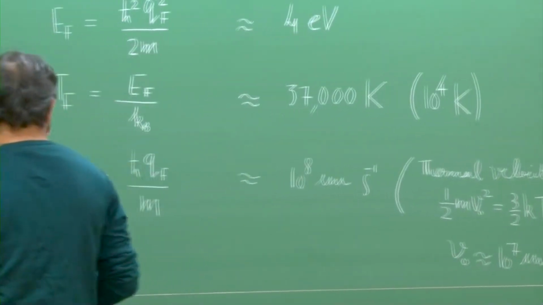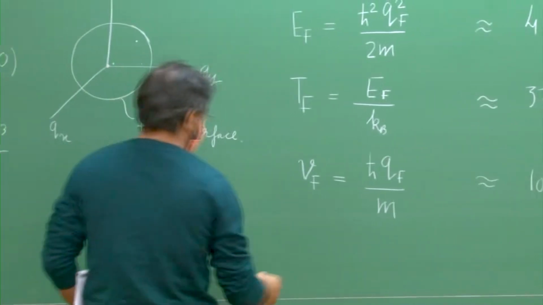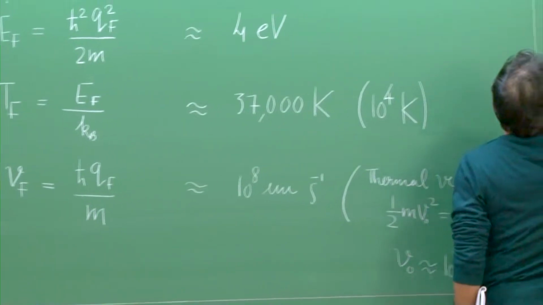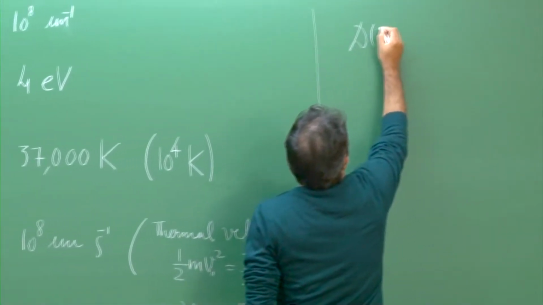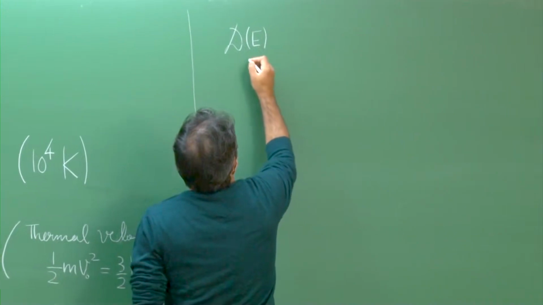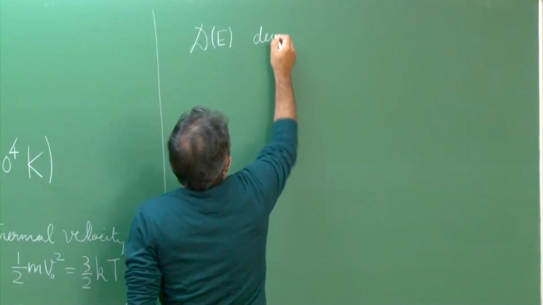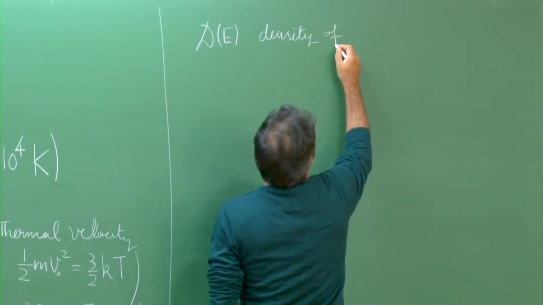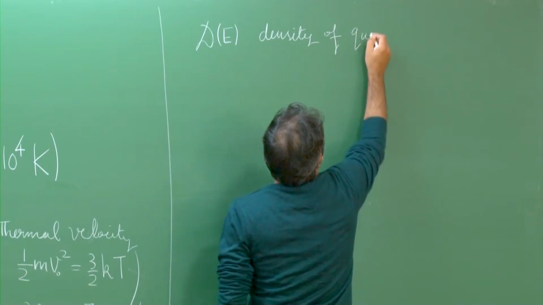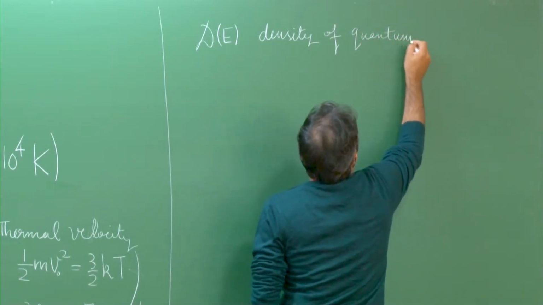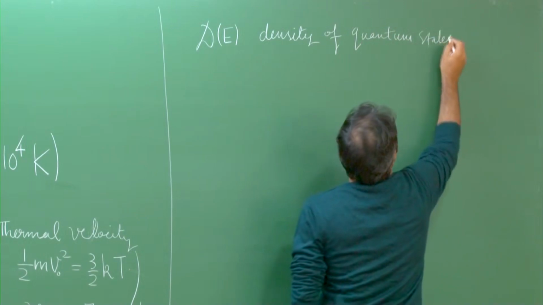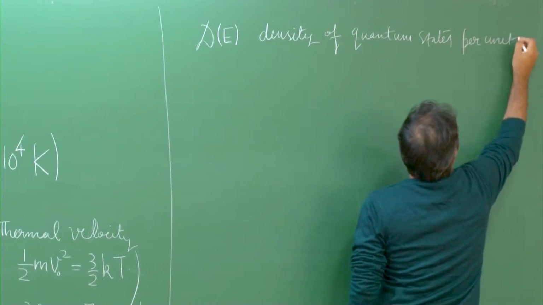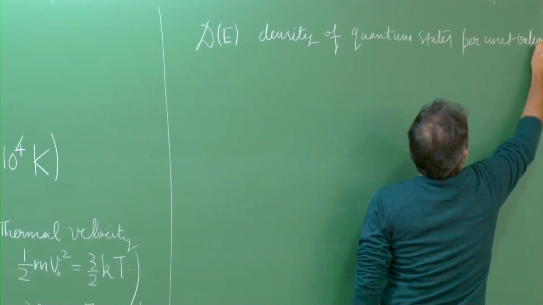So, now what next? We also derived the formula for the density of states. Let me just write it down here. You remember we worked out the density of states. The definition of g(E), this is called density of levels or density of quantum states per unit volume of the sample.